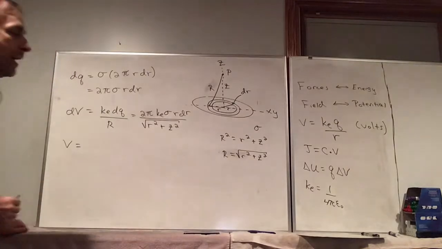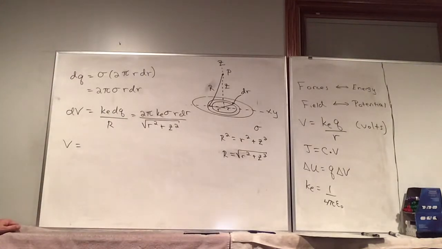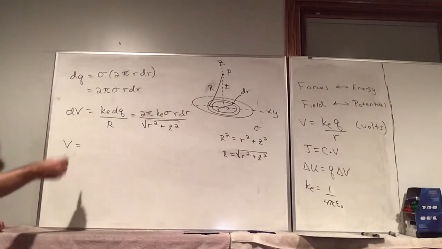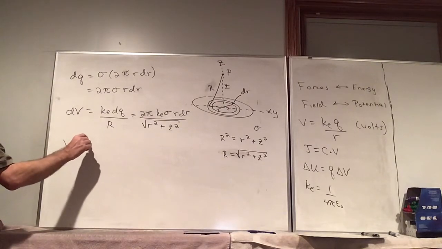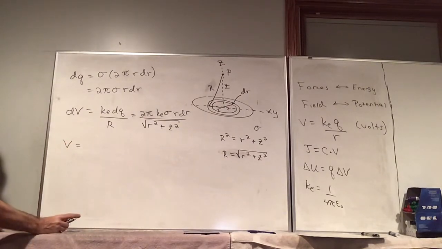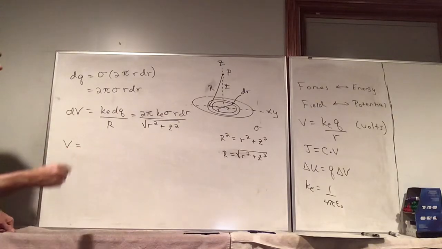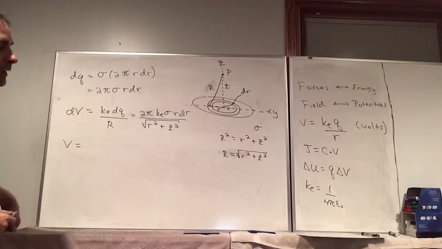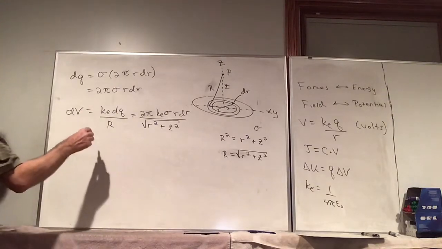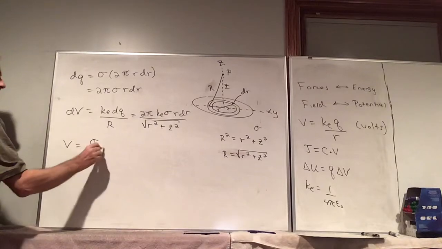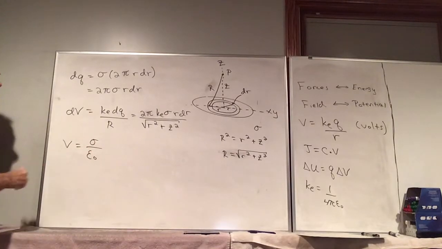So 2 pi Ke is 1 over 2 epsilon naught. Let's do that, and either way is fine.